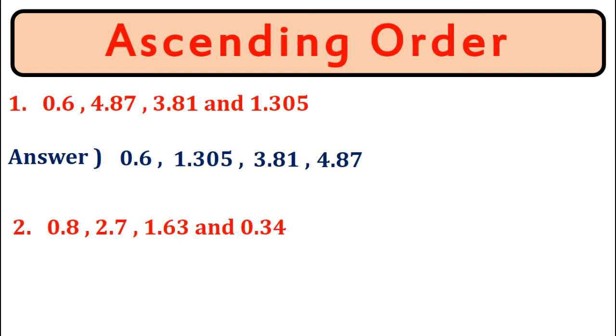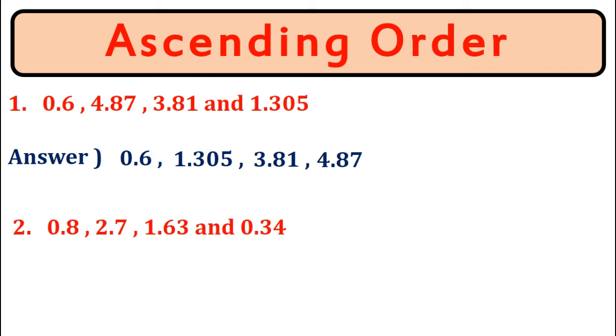As we can see that here 0.8 and 0.34 both have the whole number as 0. So we follow the second step, where if the whole number part of numbers is 0, then we move on to the digit of the tenths place.